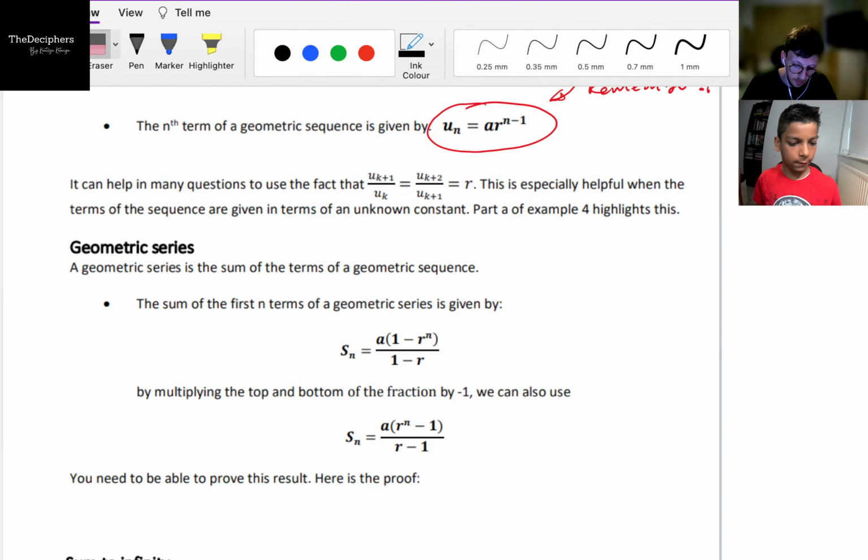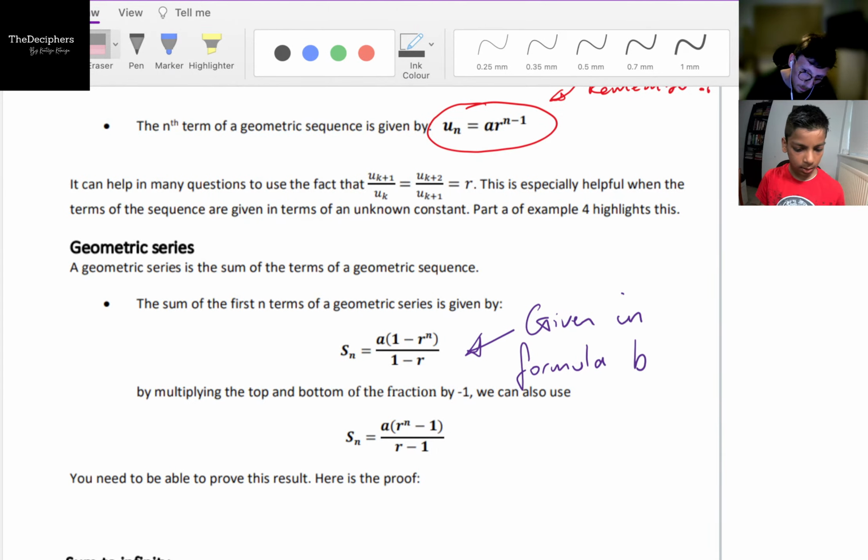So the sum of the first n terms in a geometric sequence is given by S of n is a times 1 minus r to the power of n divided by 1 minus r. And by multiplying the top and bottom of the fraction by minus 1, we can also use S of n is a times r to the power of n minus 1 divided by r minus 1. Good. And sometimes using that second one just makes the maths a little bit easier.